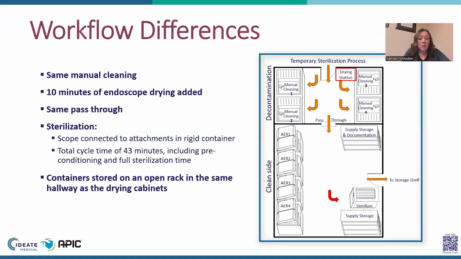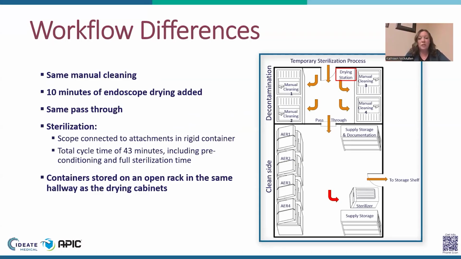So first, I'm going to talk about how we changed up the workflow for those 30 endoscopes that we sterilized. So the manual cleaning was exactly the same. Scopes were used in the procedural rooms. They were brought into the same spot of the room. We used those 4 manual cleaning sinks in exactly the same way.